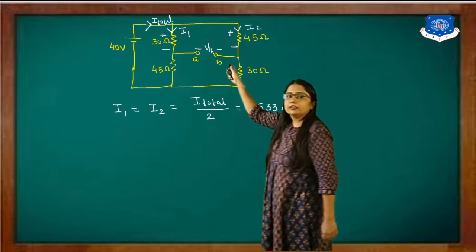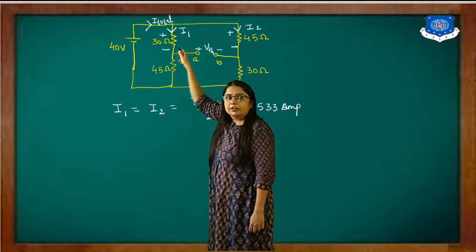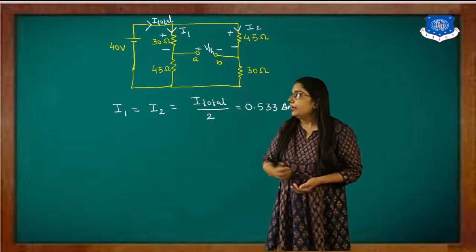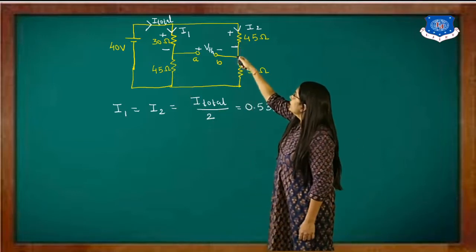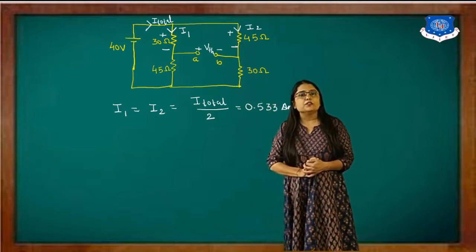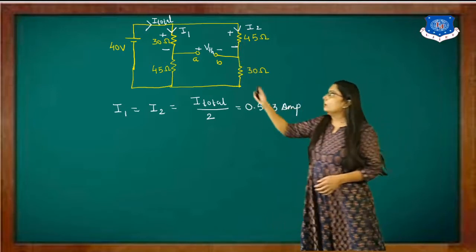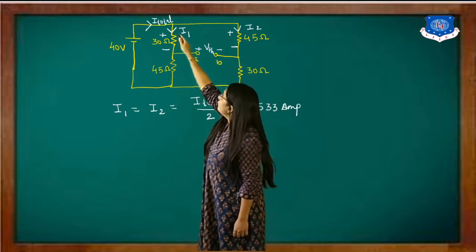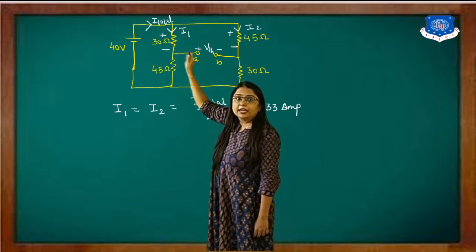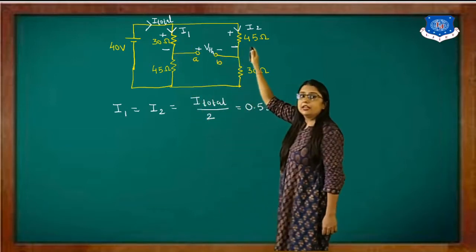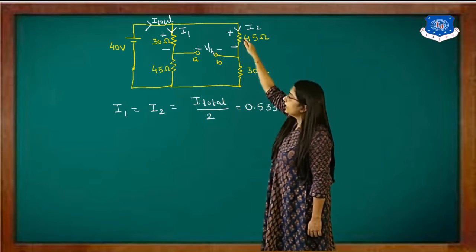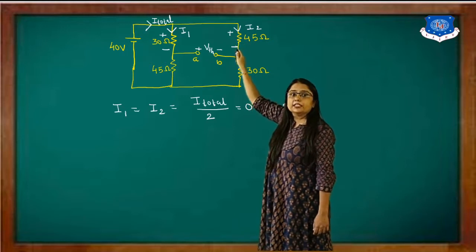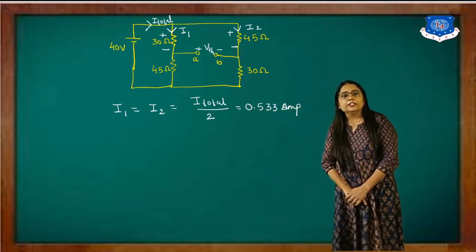Now here you just see, because of current I1, there is some voltage drop across the resistor 30 ohm, and because of this current I2, there is some voltage drop across the 45 ohm resistance. Now, current is flowing in the down direction. So the first end will become plus, the second end will become minus. Similarly, here also I2 is flowing in the down direction. So the first end will become positive, then the second end will become negative.